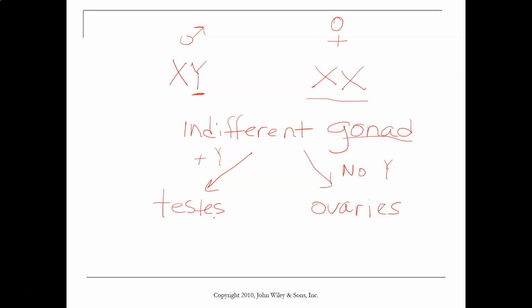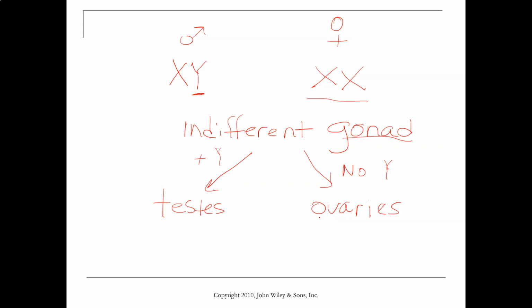Okay, now once testes and ovaries develop, what about the rest of the male and female reproductive system? Because there are also sperm ducts in the male, there's glands like the prostate gland, there's the scrotum and the penis, whereas in females there's uterus and fallopian tube and other organs associated with the female reproductive system.